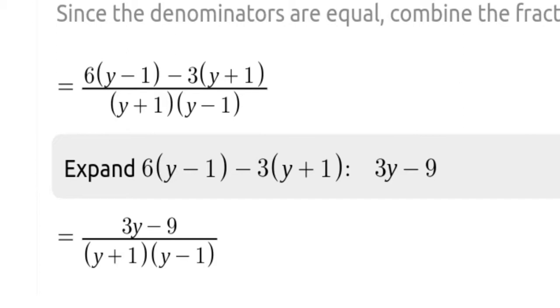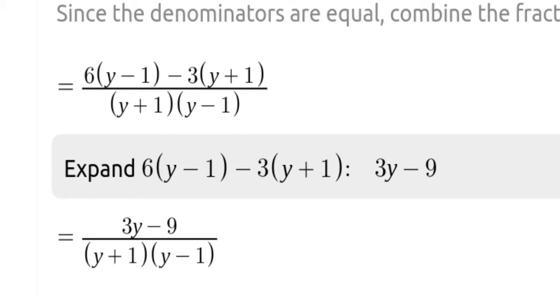So after George, we get 6y minus 6, then minus 3y minus 3. You would group them, correct? So you would say 6y minus 3y gives us 3y.